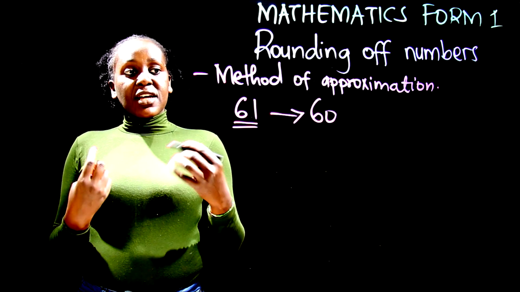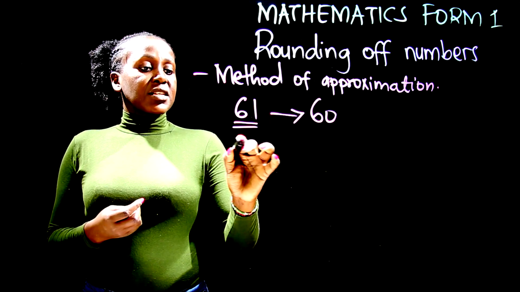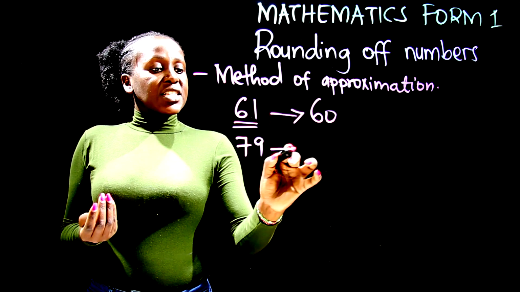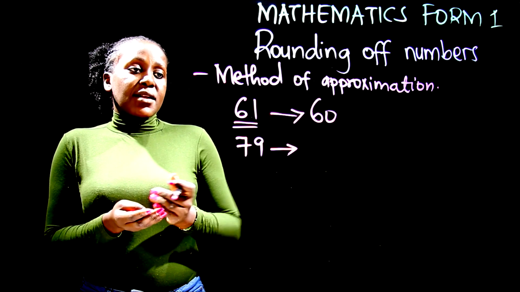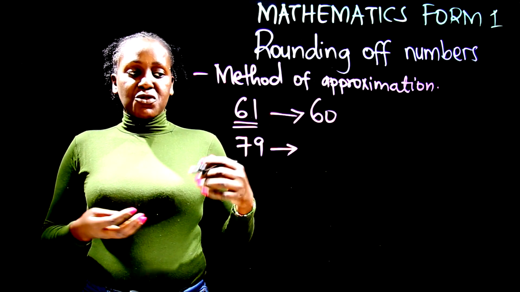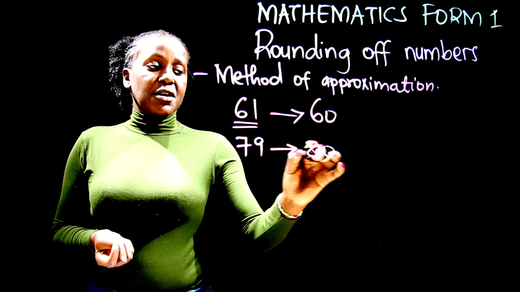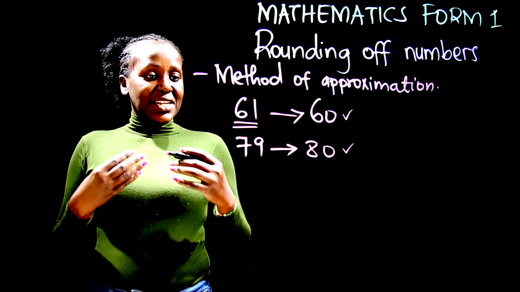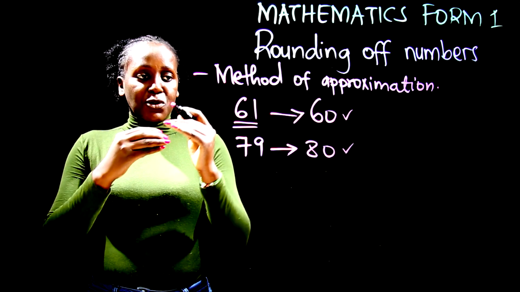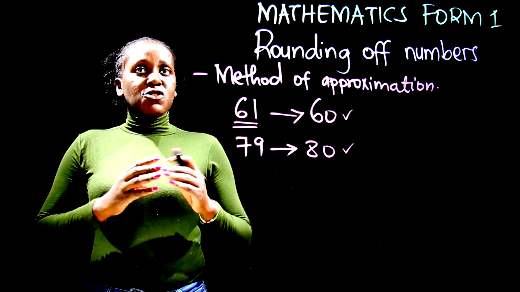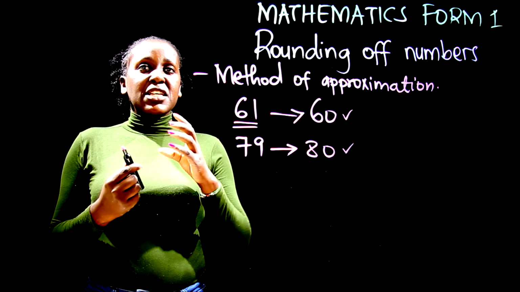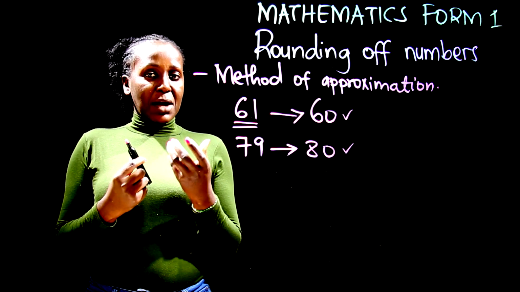Let's say you scored 79% in a test. Since 79 is 1 mark away from 80, you can say that you had 80%. Both of them are approximations. You try to give a value closer to a value that seems more pleasant to talk about.